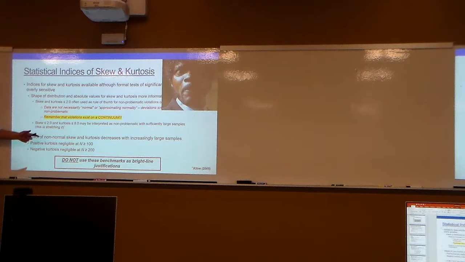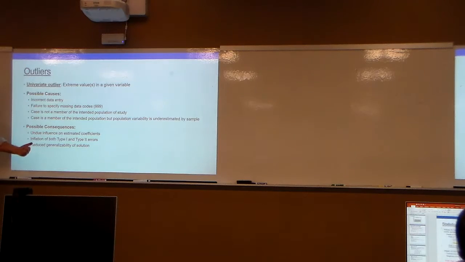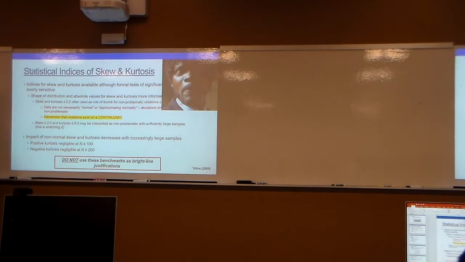As our samples get to about 100-ish, we get less concerned about positive and negative kurtosis. With samples exceeding 200, we're less and less worried, so maybe some more severe violations of kurtosis are tolerable. Again, this has to do with variability and the extent to which we've underestimated something.